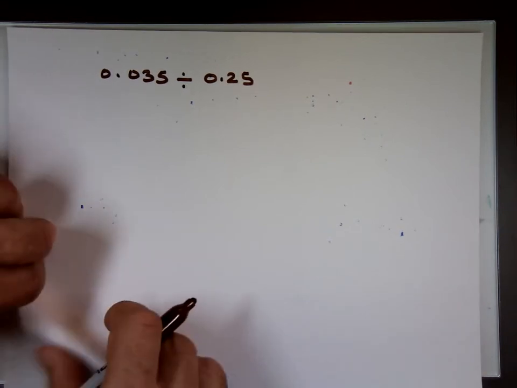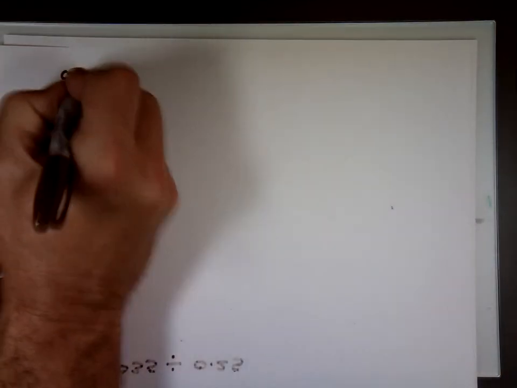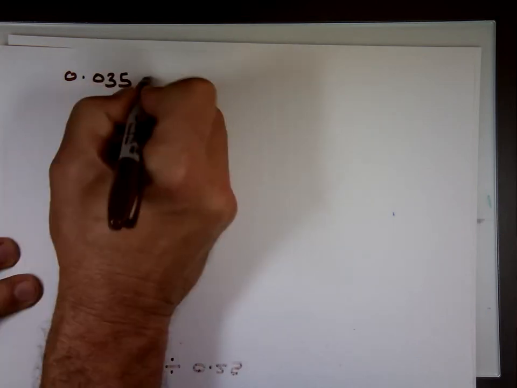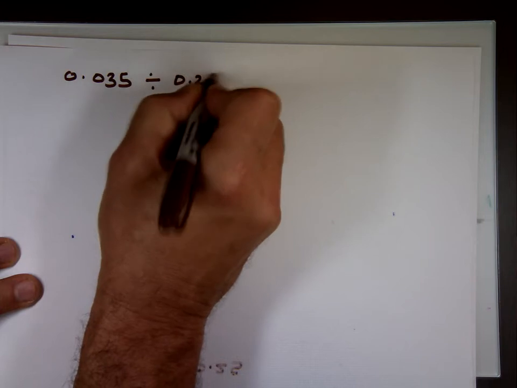I don't like the page is dirty here. Let's flip it there. 0.035 divided by 0.25.